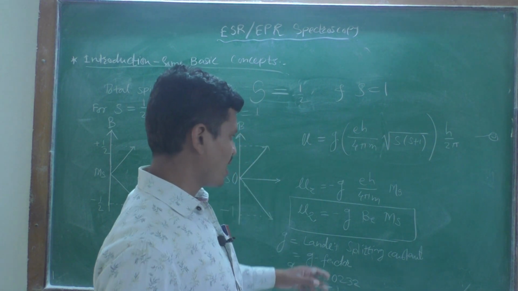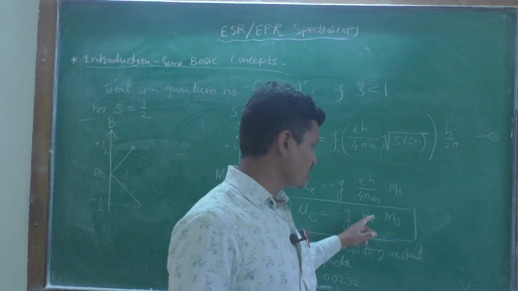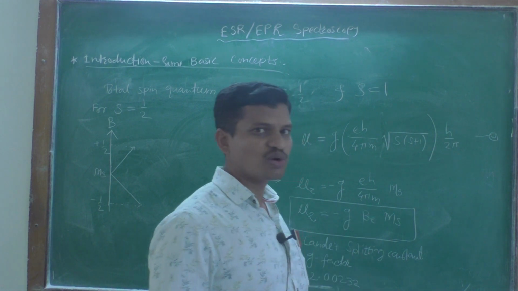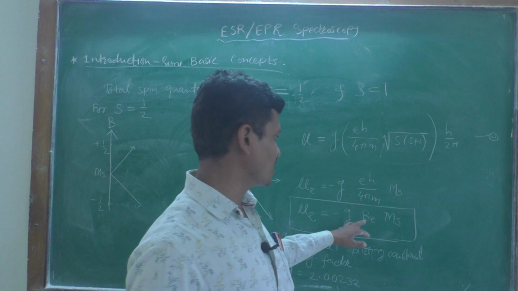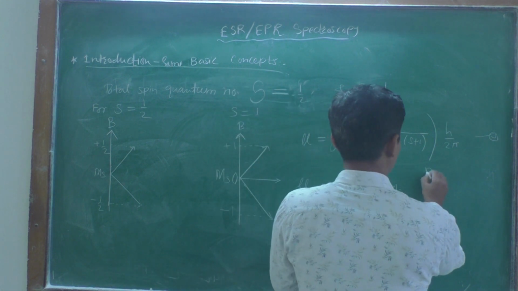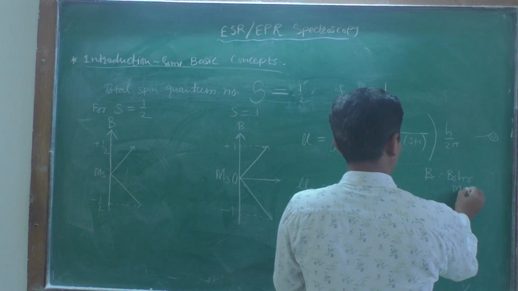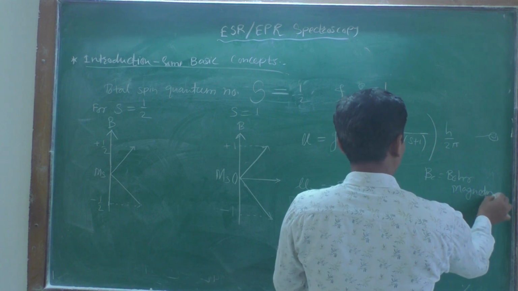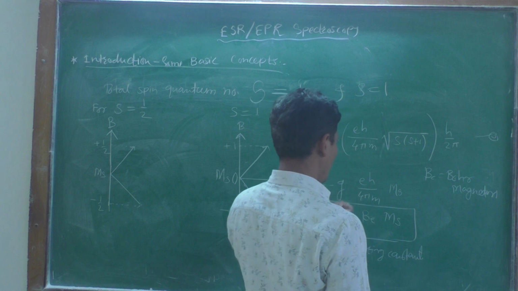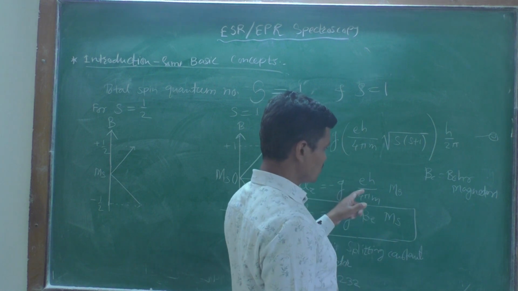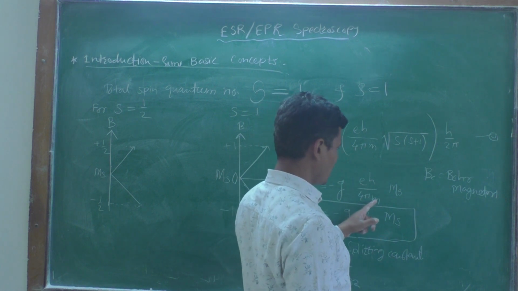Okay, here in this equation Be is called as Bohr magneton of electron. Be stands for Bohr magneton for electron. Okay, and here Be is equal to eh upon 4 pi m.